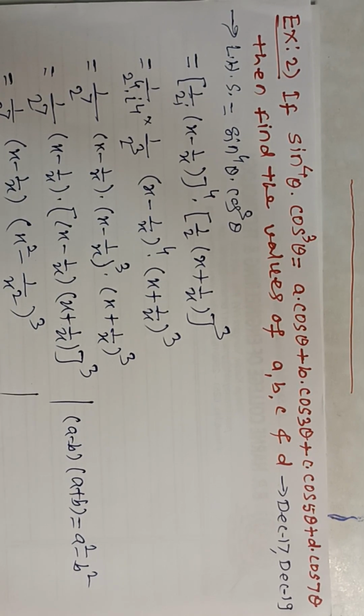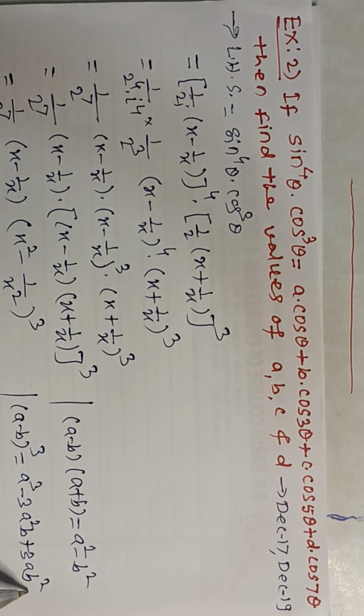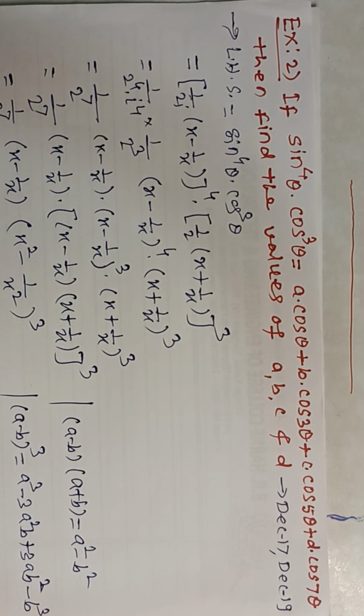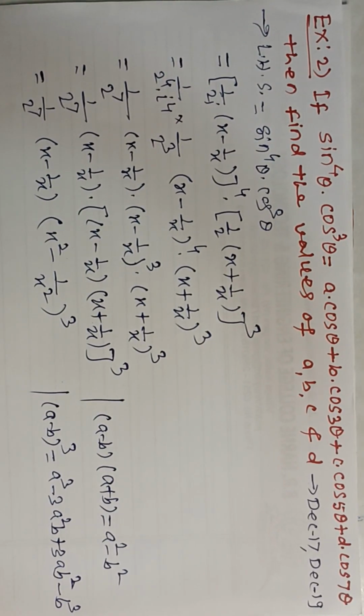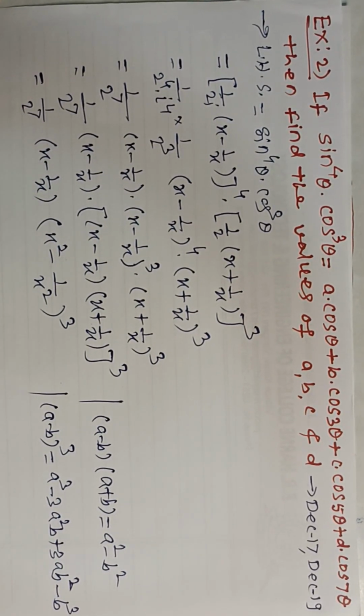Again, you know, (a minus b) cube is equal to a cube minus 3 times a square b plus 3 times a b square minus b cube. You know this formula. Okay, apply this formula here to expand this bracket. First expand this and then multiply by this bracket.